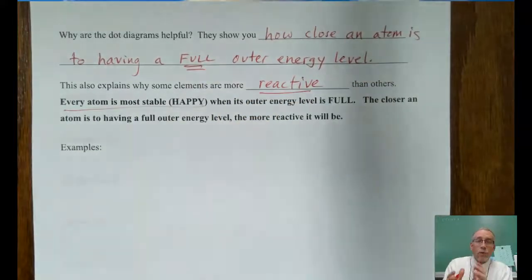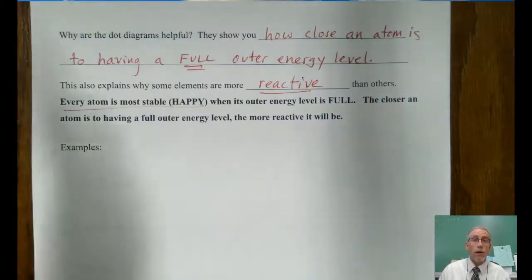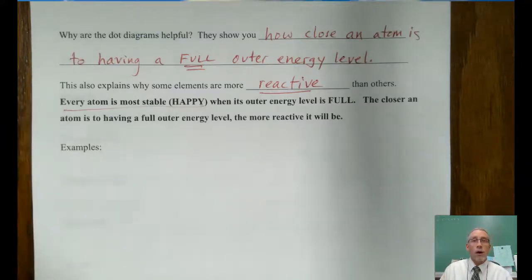They interact with other atoms very easily, almost to the point of sometimes causing an explosion. That's what chemical reactions are. Those are atoms that are trying to get electrons or to give away electrons so that they can have full outer energy levels. Okay?